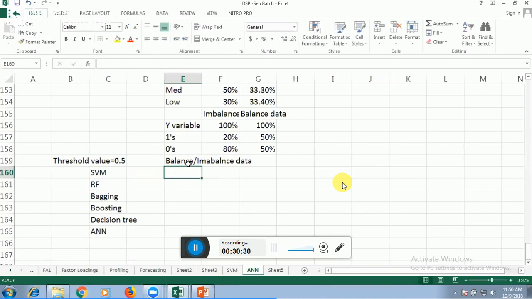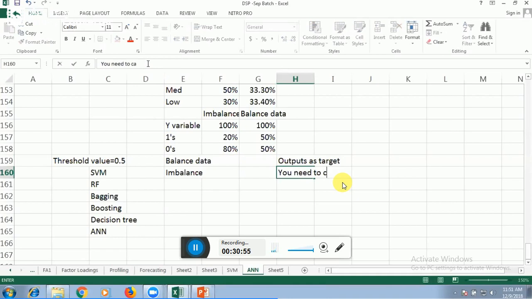If it is balanced data, you don't need to worry. You can directly get the outputs as the target variable. If it is imbalanced data, you need to calculate the probabilities and get the cutoff.